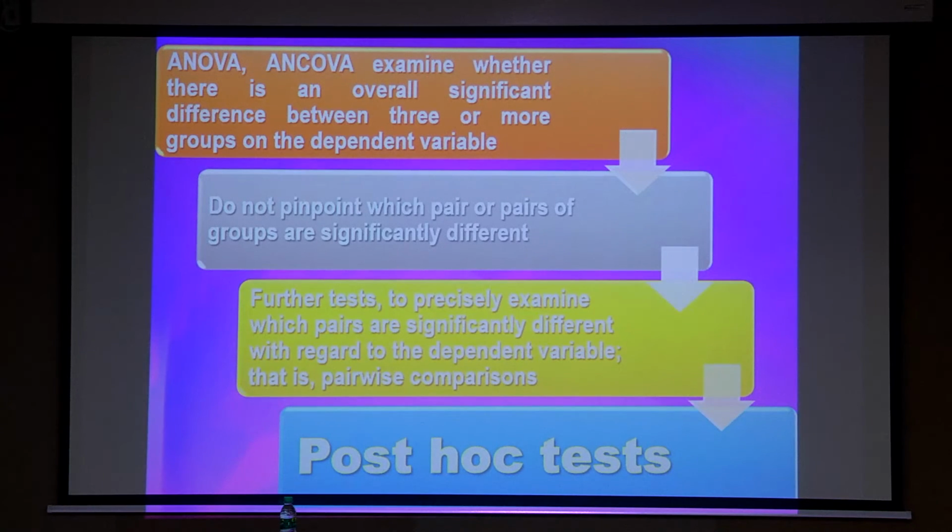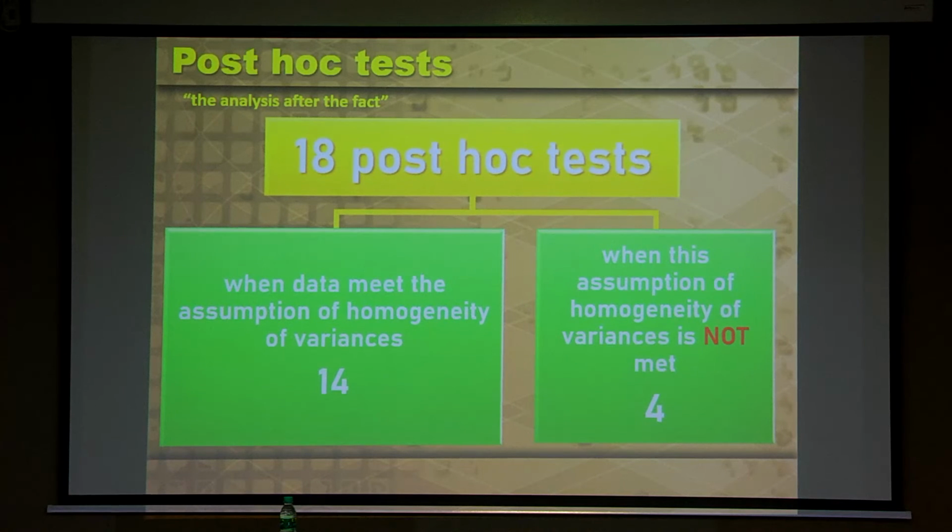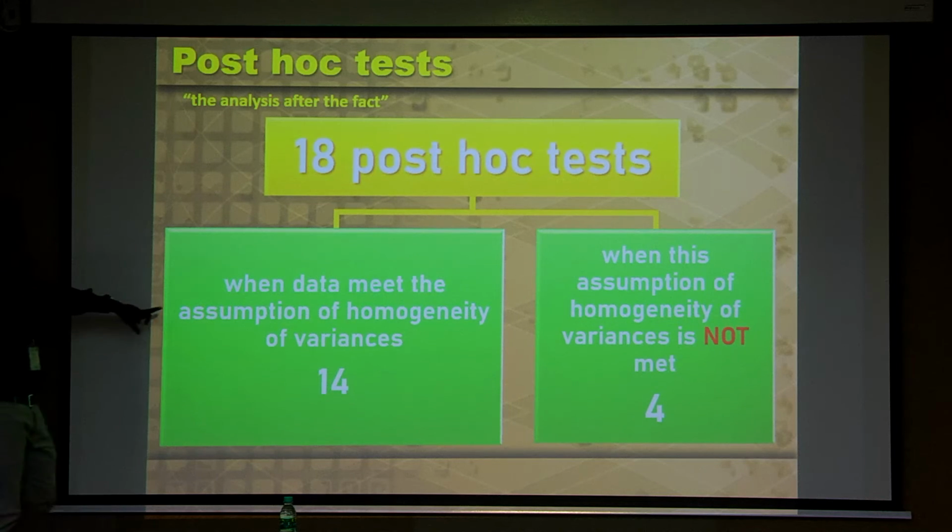For checking among which two groups the difference is higher, we have to use a post hoc test, and there are around 18 post hoc tests in your SPSS software. If the assumption of homogeneity of variance is met, then 14 tests are there.